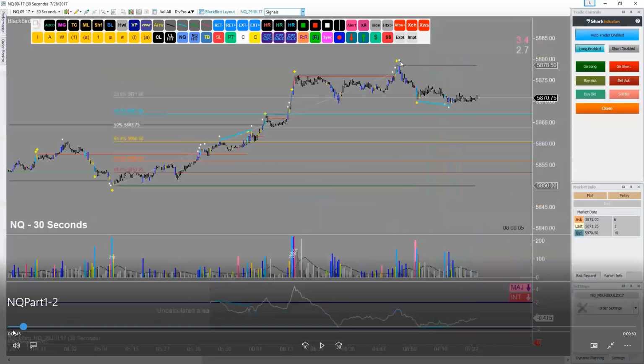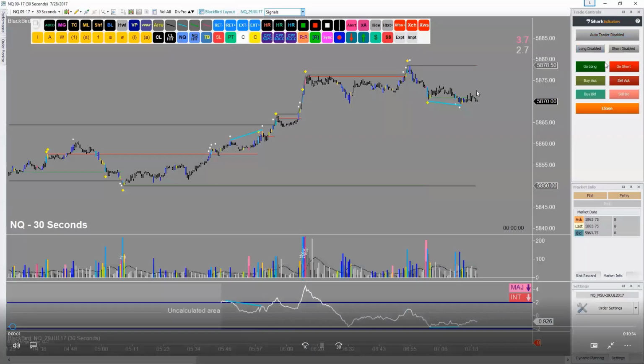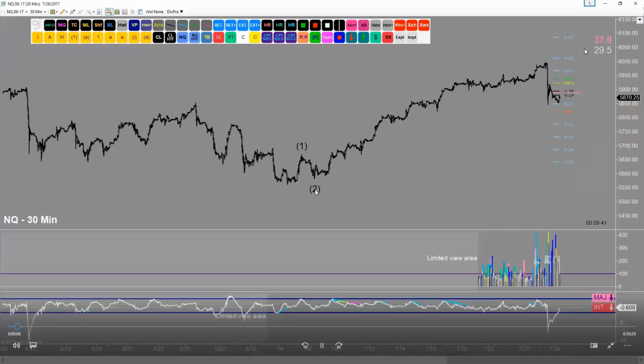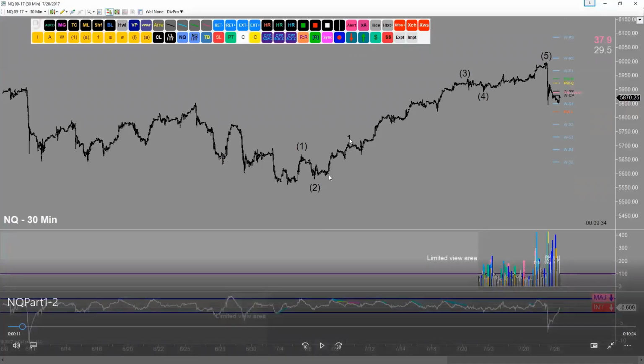Let me start this over. All right, I'm going to start Ninja up here. What I'm doing now is I'm turning Blackbird off, and now I'm going to apply the analysis to the different charts here. So I'm just simply looking at, I mean, I have a pretty good handle on this already. We've already made a really nice ABC low and a strong impulsive move up. And this is basically Elliott Wave 101.